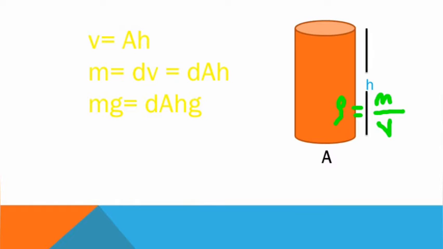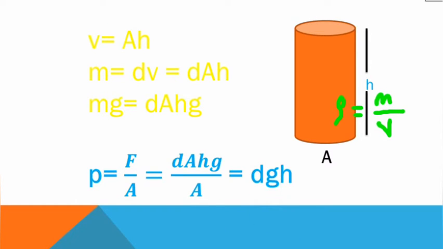We know that pressure is force over area. So the force is the weight of the liquid. So when we put dAhg in terms of F, we have area on both sides, so we can cancel out, and we get dgh, or you can say density times gravity times height.